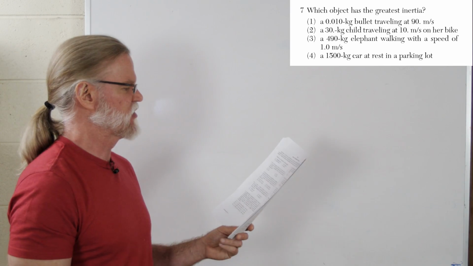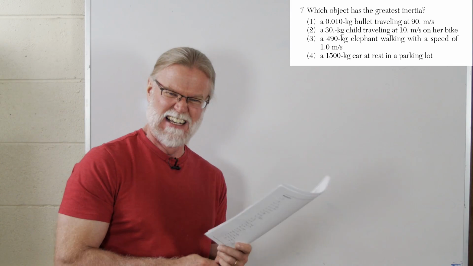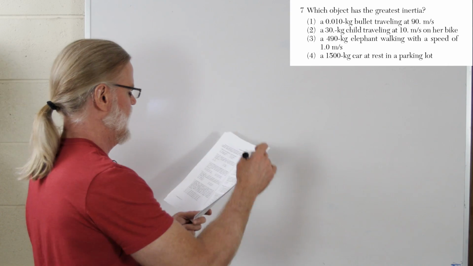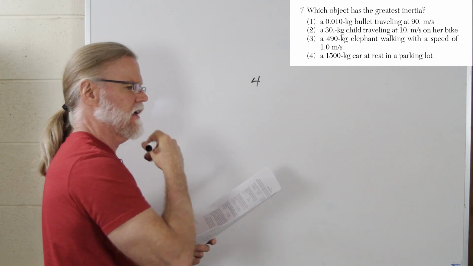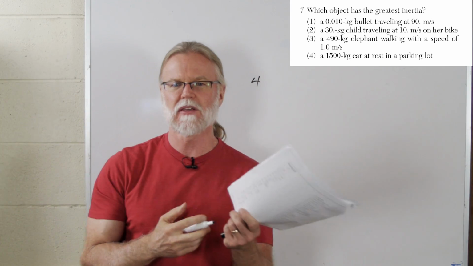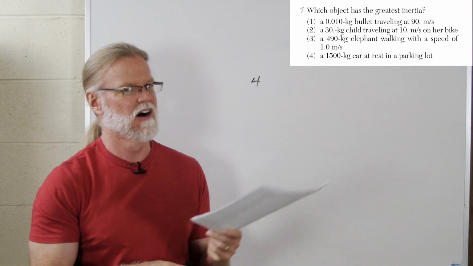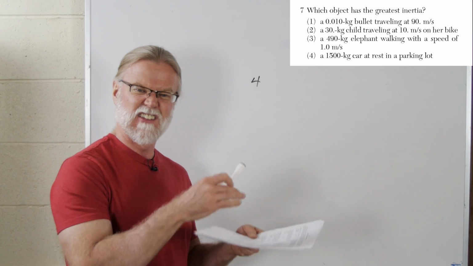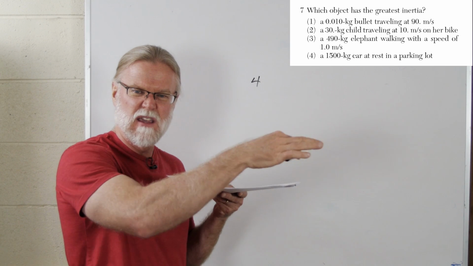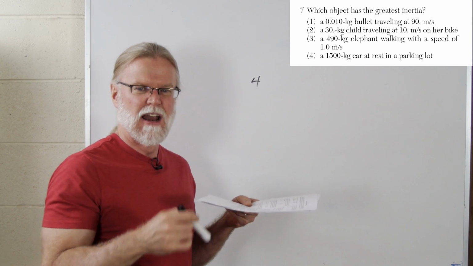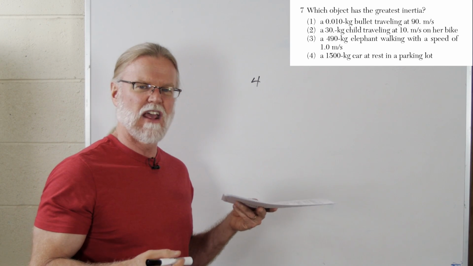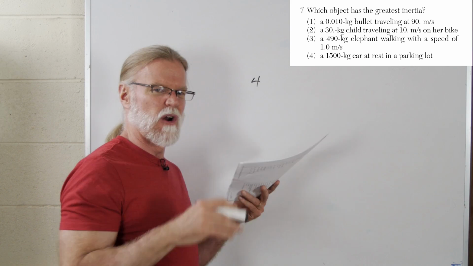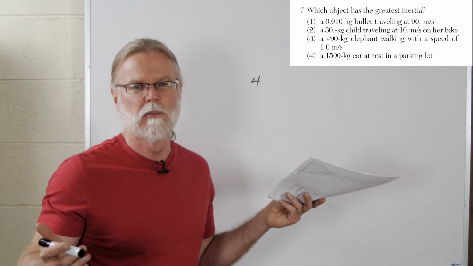I am going with the 1500 kilogram, which is 4. Okay? The amount of inertia that something has is strictly a matter of how much mass it has. Remember, inertia is the reason that things stay at rest or keep moving if they're already moving. An object in motion wants to stay in motion in the direction it's going and all that if there are no unbalanced forces on it.